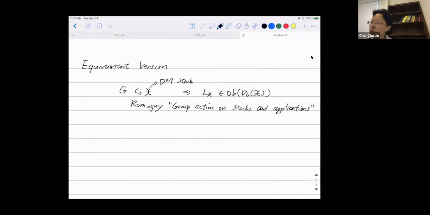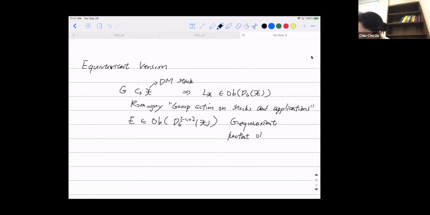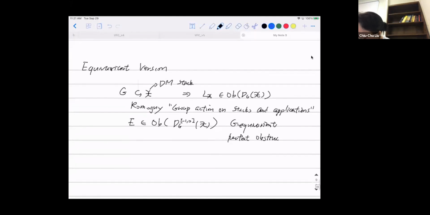And also assume that we have some E, which is a G-equivariant perfect obstruction theory of, let's say, virtual dimension D. Then this construction will give us some equivariant class.